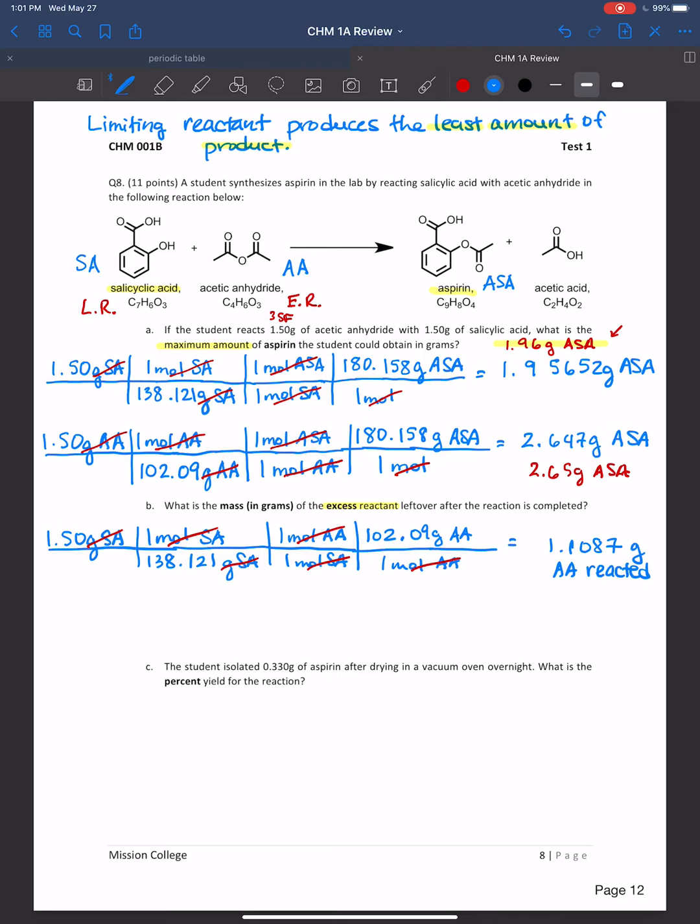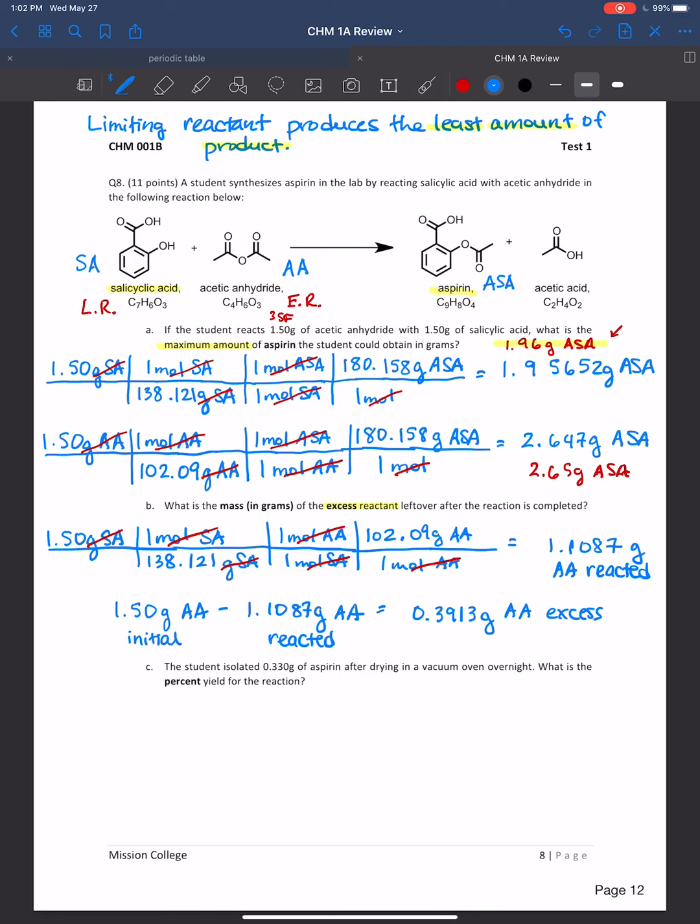So in order for us to find out how much is left over, we need to take what we put into our reaction flask, this is the initial amount, and subtract out what was reacted, to figure out what is in excess, what is left over.